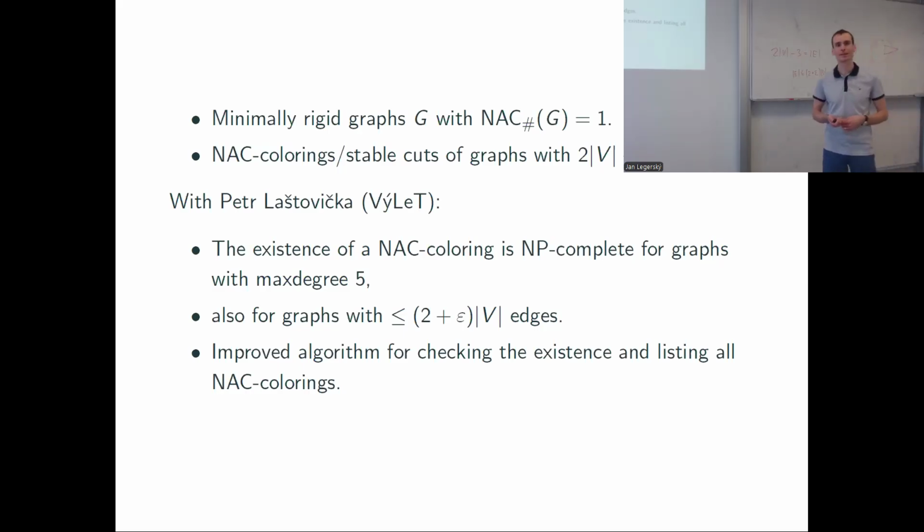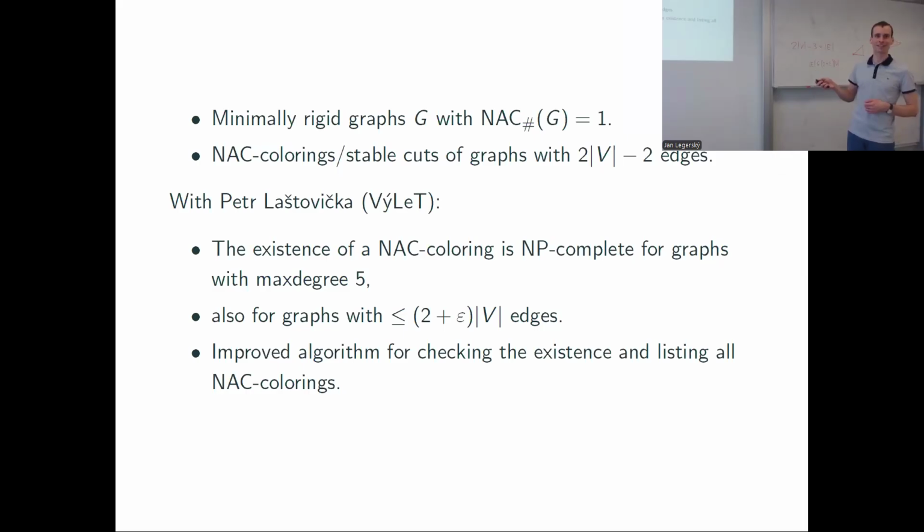Can you tell us how the hardness computation works? You mean for this max degree 5 or the general one? The general one. So it's a reduction to 3-SAT, and I cannot draw the graphs right now, but it's a nice paper. It is easy to read. You just look at those few pictures he has. Those are some gadgets.